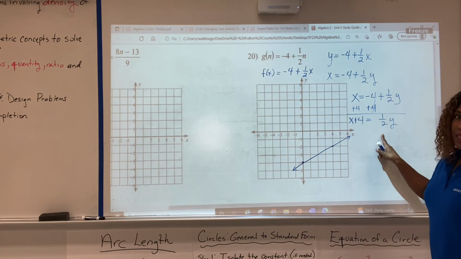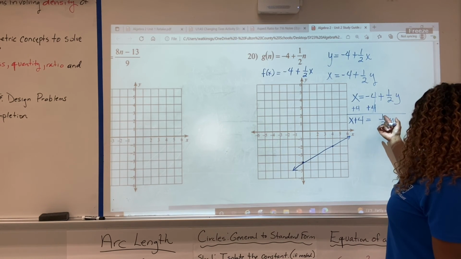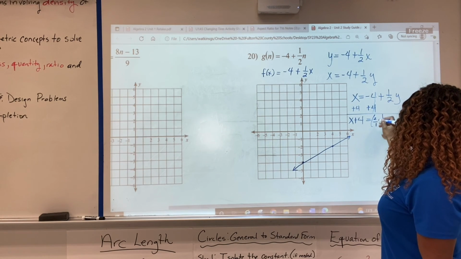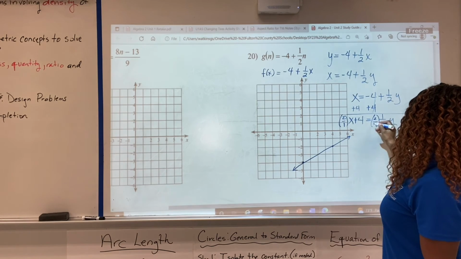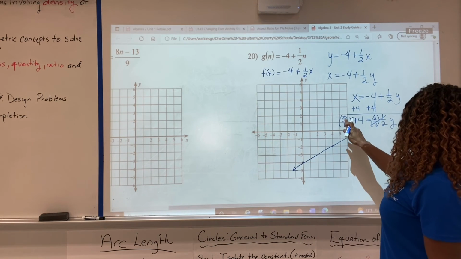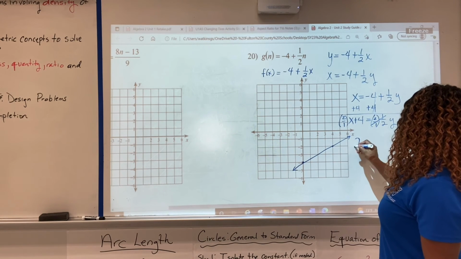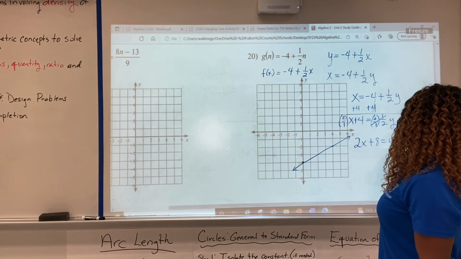Let's get the y by itself. So since it's 1/2 times y, and this is 1 divided by 2, I can actually multiply by the reciprocal, which is 2/1. Whatever I do on one side, I have to do on the other. These will cancel. When I do 2/1, which equals 2, I multiply 2 times x, I'll get 2x. 2 times 4 is 8, and that leaves my y.